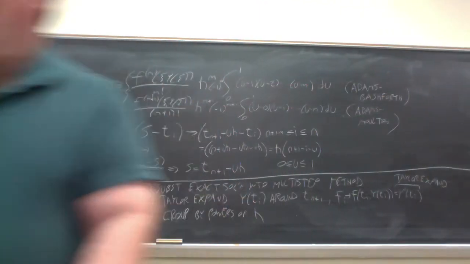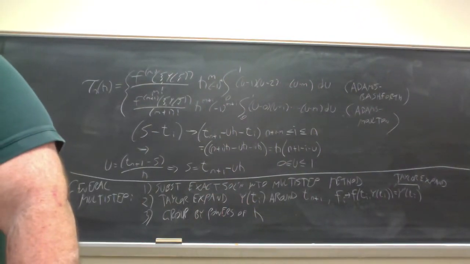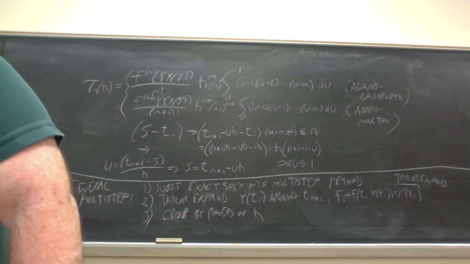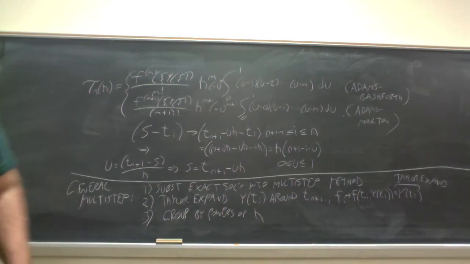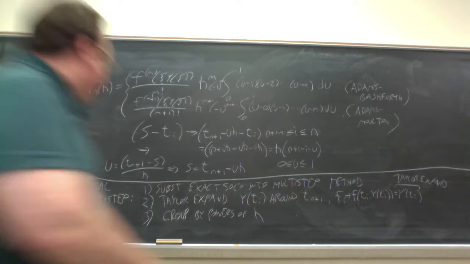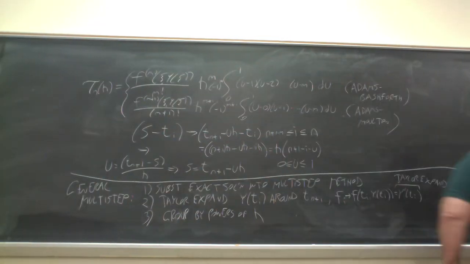Okay. All right. So what I'm going to do is, rather than go through all that monstrosity, which I'm guaranteed to screw up here in the middle of class, I'm going to show you the result of that and how you use it to check how accurate is a given multi-step method when it's not an Adams method.